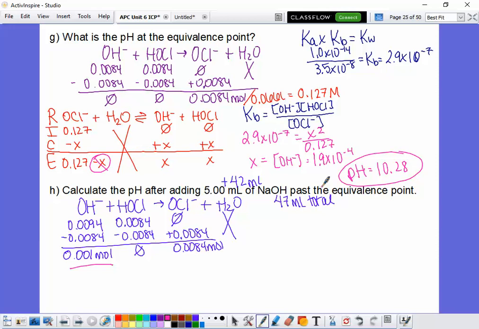So 71 milliliters or 0.071 liters. So what is that concentration? And technically we need 2 sig figs because there should have been a 0 after the 1 in our moles. What do you get?